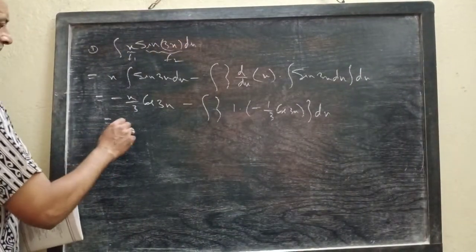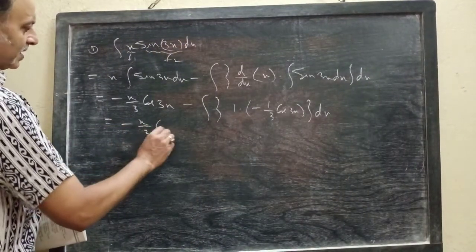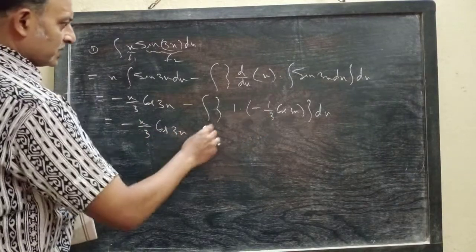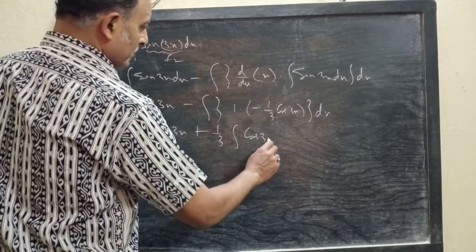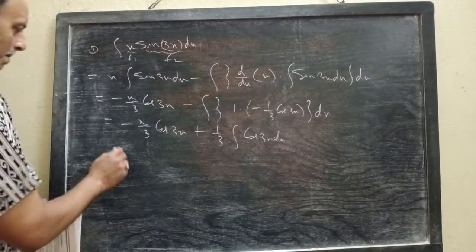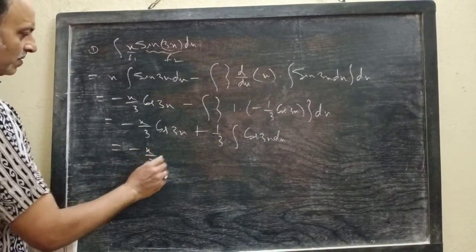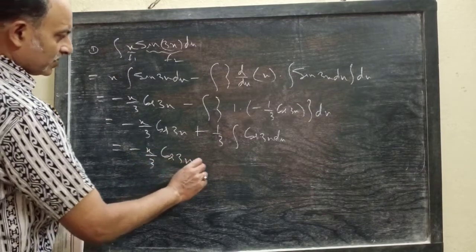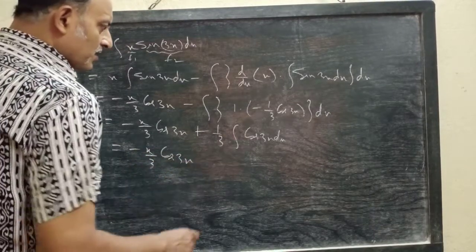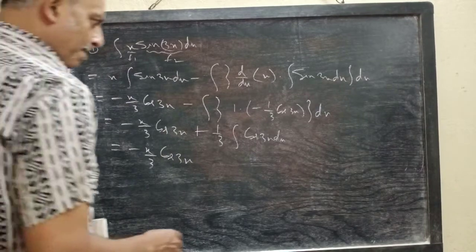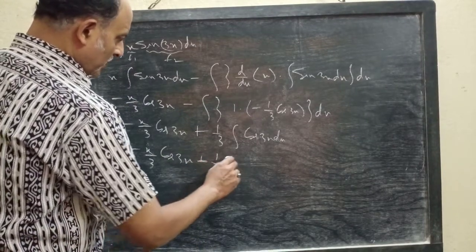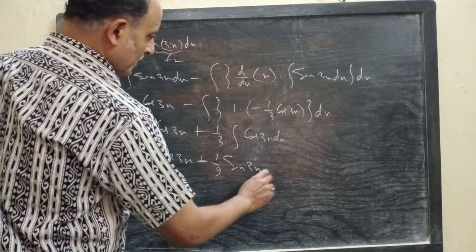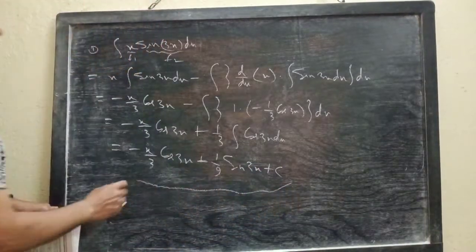The next step: minus x by 3 cos 3x, this is plus 1 by 3 integration cos 3x dx. So this will be minus x by 3 cos 3x. Integral of cos 3x is positive 1/3 sin 3x, so this will be 1 by 9 sin 3x plus c. This is your final answer.